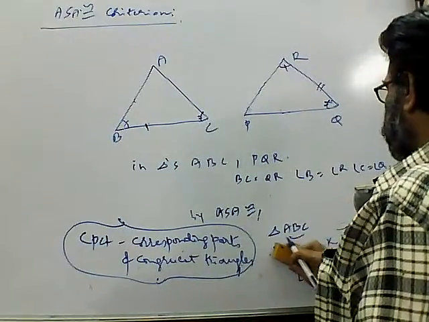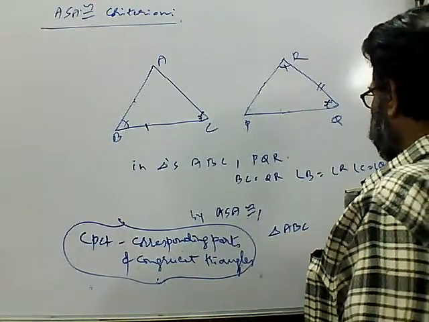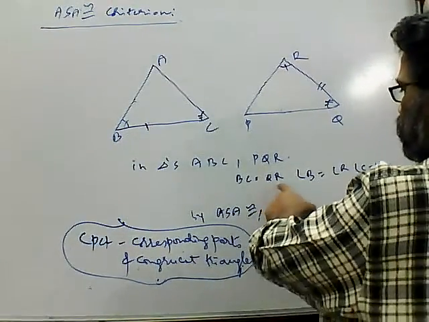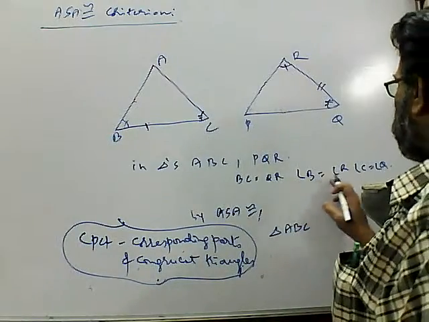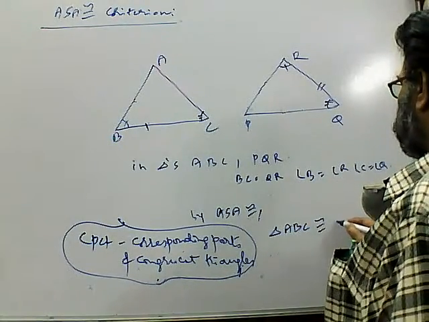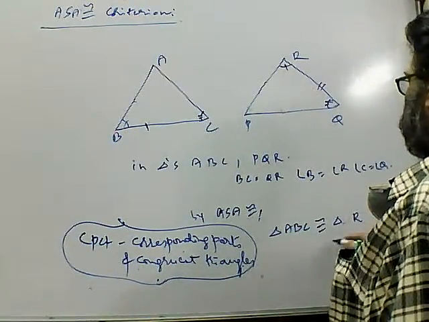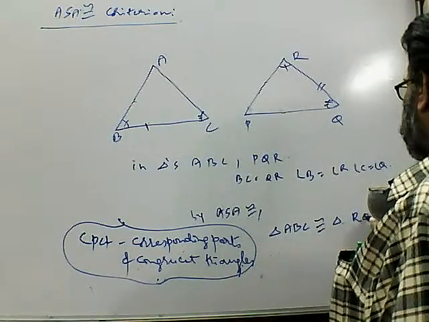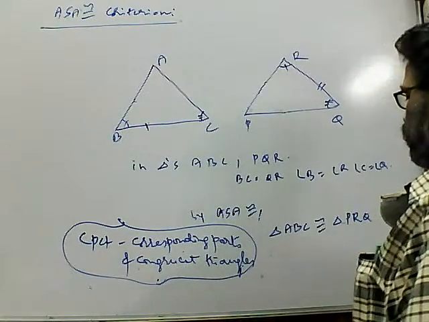Triangle ABC is congruent to, I take the same order. Now BC corresponds to QR, B is equal to R. So R will come here. BC corresponds to QR means here Q will come. Then automatically here P will come, the leftover.